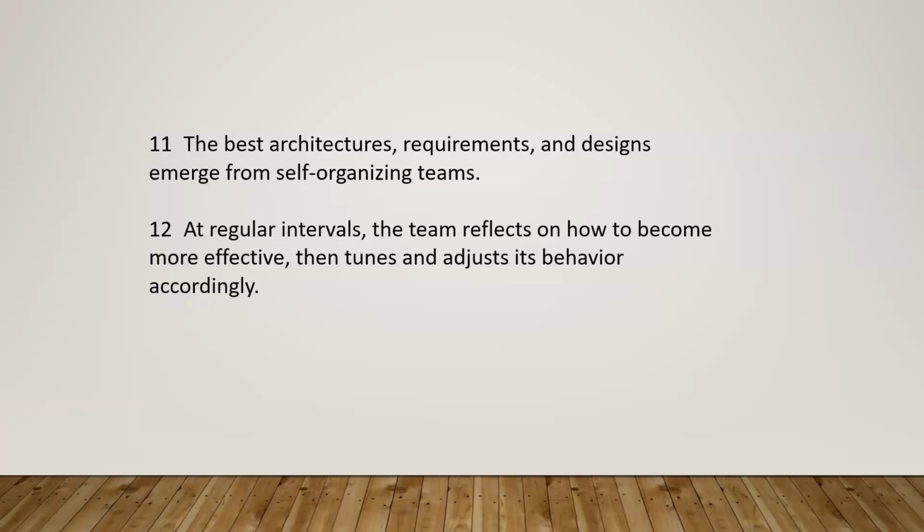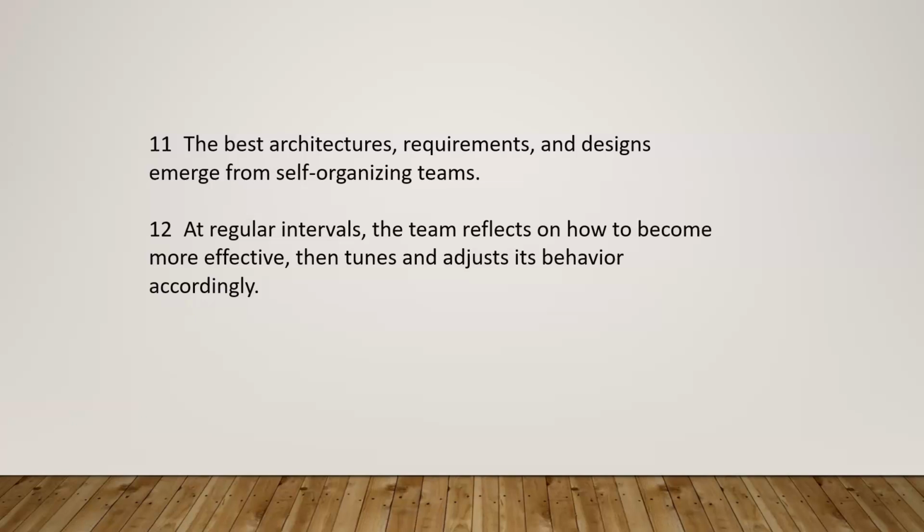Okay, next, the 12th point: at regular intervals, the team reflects on how to become more effective, and then tunes and adjusts its behavior accordingly. So I hope you got this one. The team reflects, in the sense that they retrospect and think on how to become more effective.